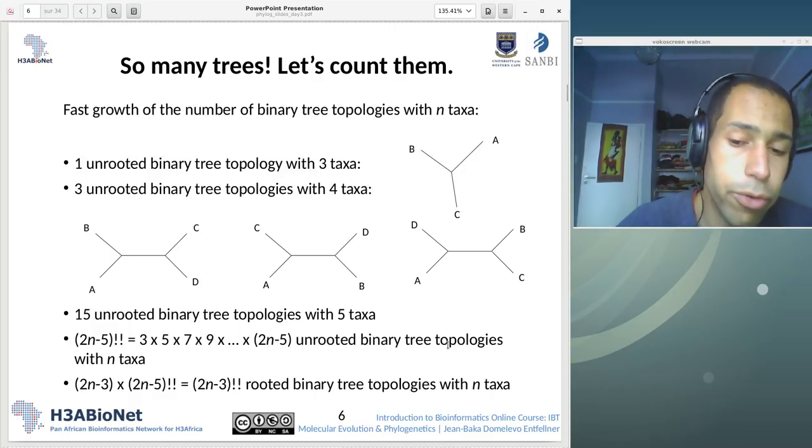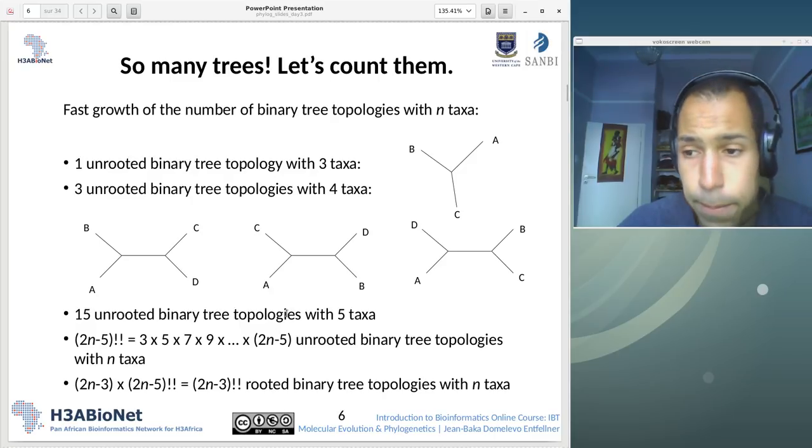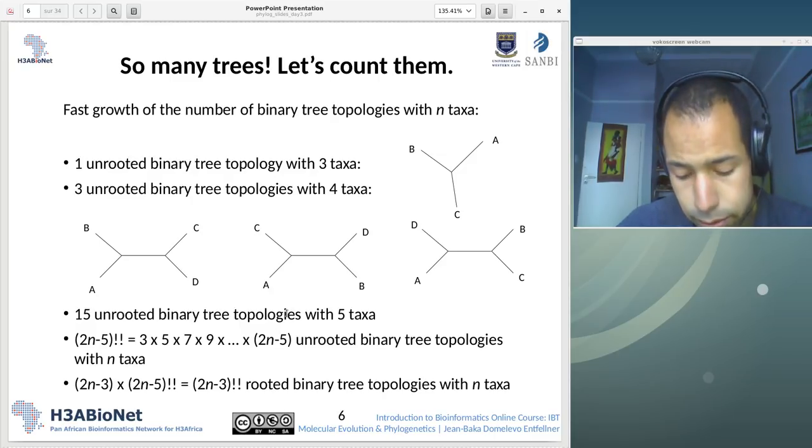And rooted binary tree topologies with n taxa are more numerous.